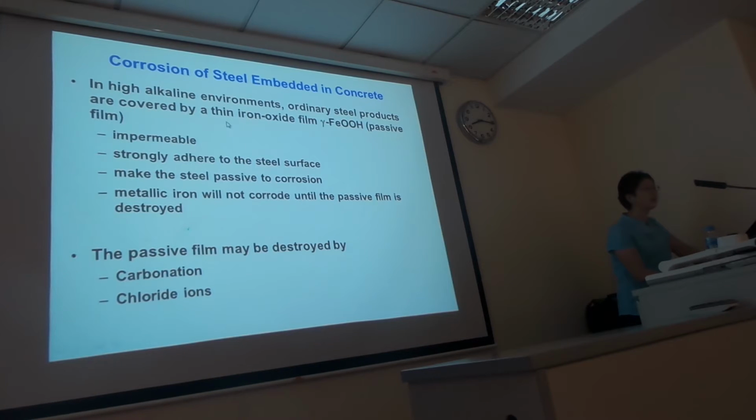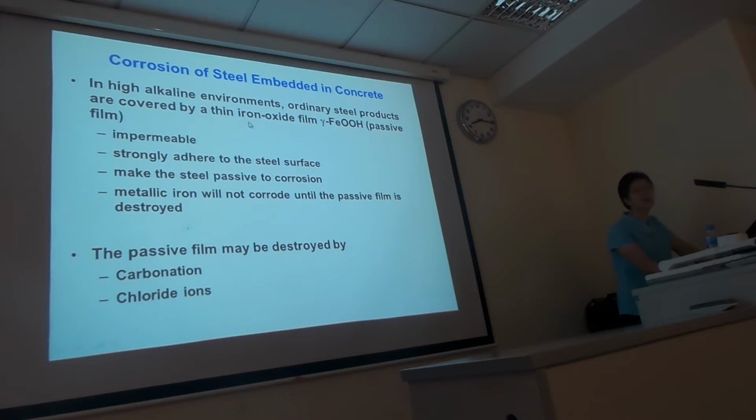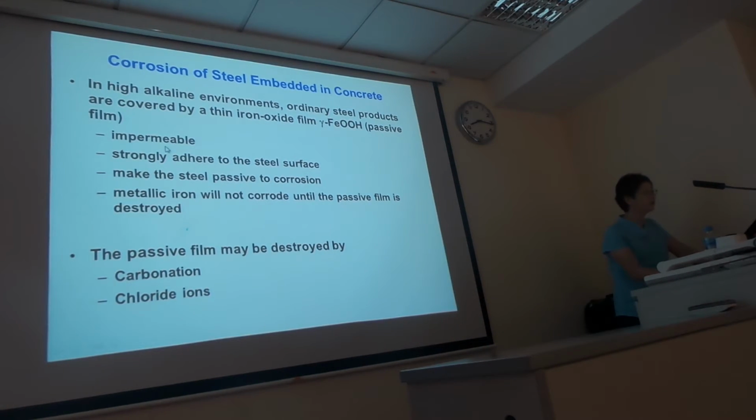So there's a thin oxide film, the passive film, formed on the surface of steel reinforcing bars at high alkaline environments. And this oxide film on the steel reinforcing bars is impermeable, and it's strongly adhered to the steel reinforcing bars.